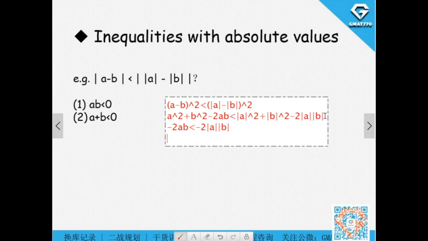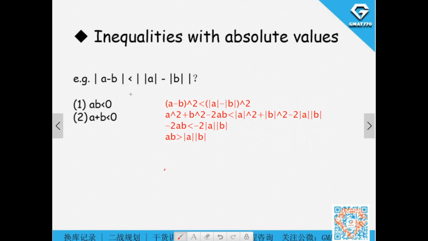And then you can just divide both sides by -2, and you will have the product of ab is greater than the product of the absolute values of a and b. As we have learned in the last lecture, when we multiply or divide both sides by negative numbers, the symbol here will change. So it changed from less than to greater than.